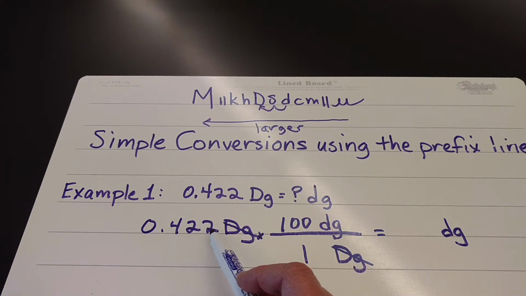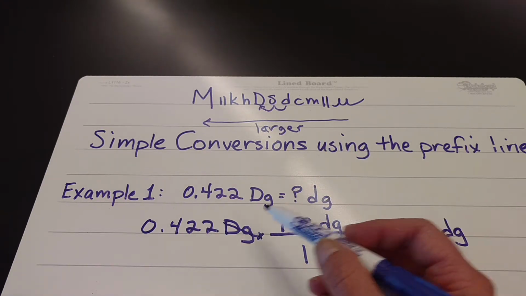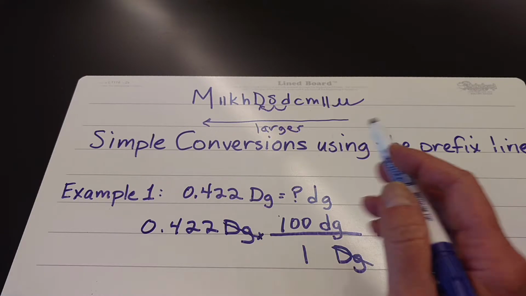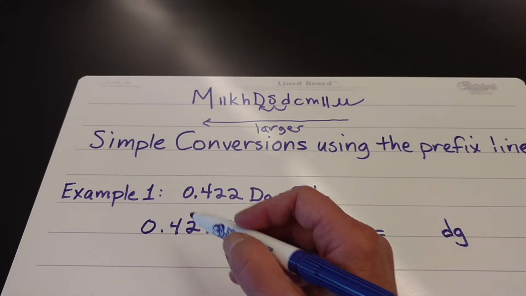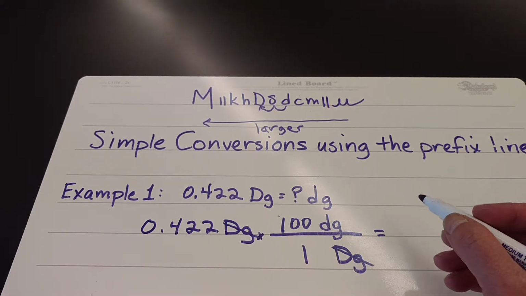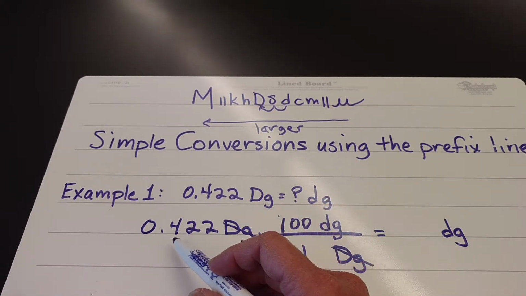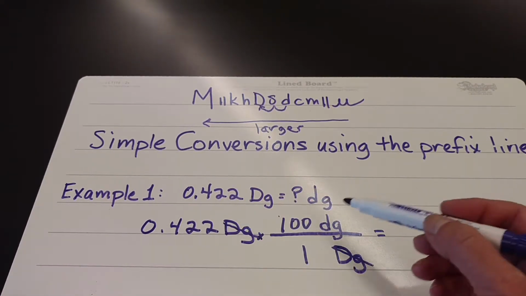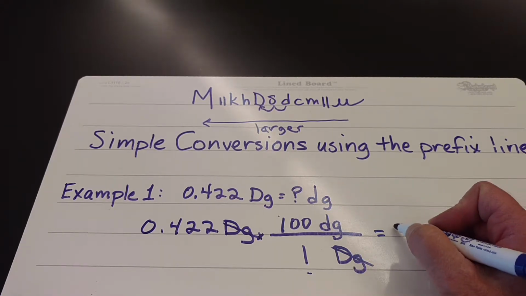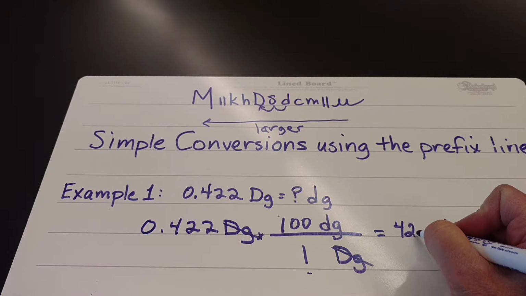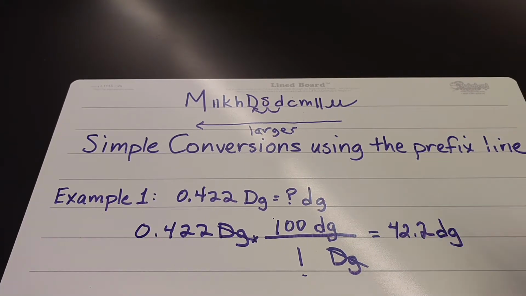So 0.422 times 100 moves the decimal 2 places. And you can put that in the calculator or use the move the decimal with your pencil, and that gets us 42.2. We don't need to plug in divide by 1, so that means that our answer here is 42.2 decigrams.